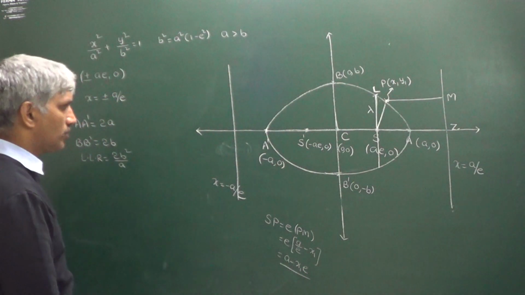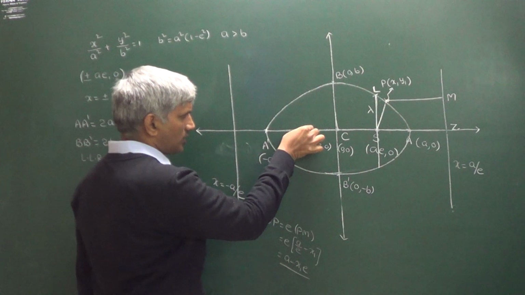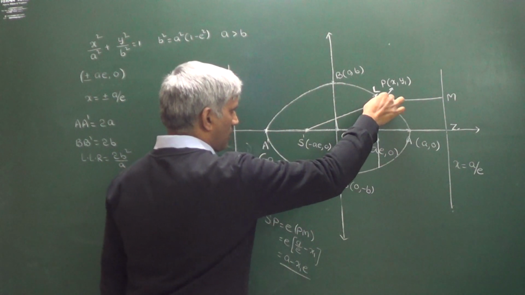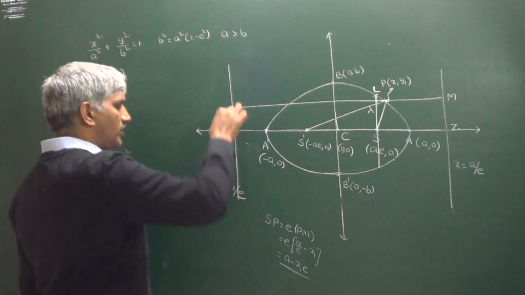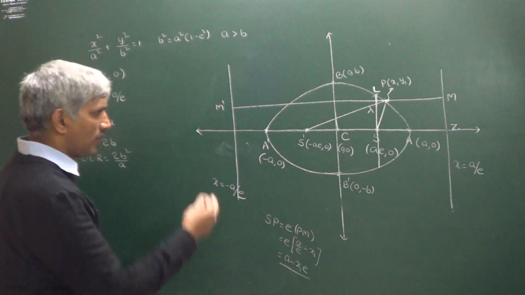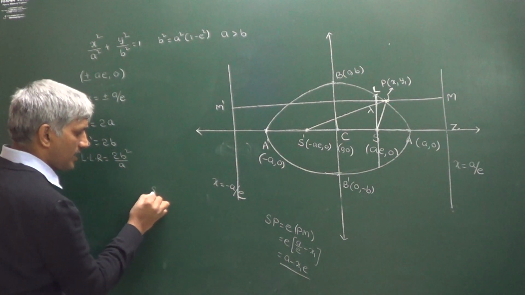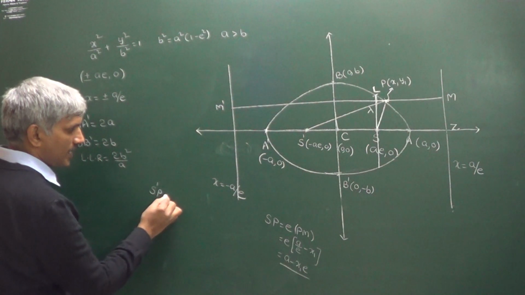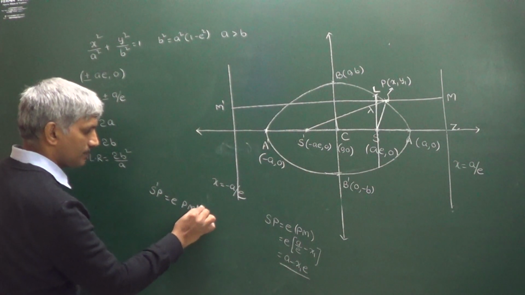But now another focus is also there, that we can write like this. This is S'P, and from this point P onto this directrix a line is drawn perpendicularly. Let us say that is M'. Now according to this focus and this directrix, S'P = e times PM'.